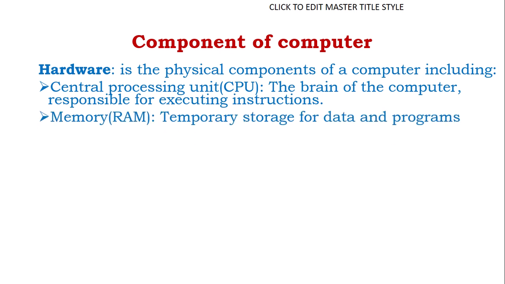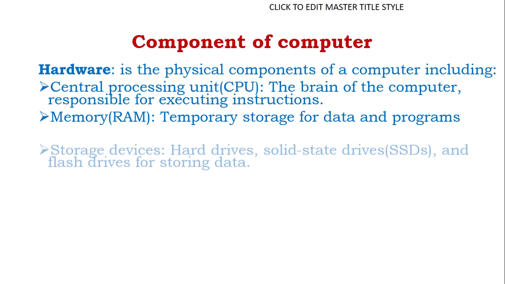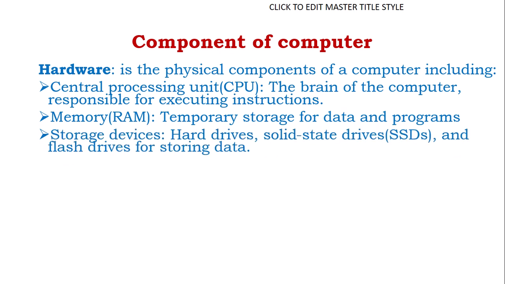We also have the memory. This is the RAM, and RAM in full is random access memory. It temporarily stores data. It is a temporary storage for data and programs. When you are done with your work, it can temporarily be stored in the RAM. Then we also have the storage devices.